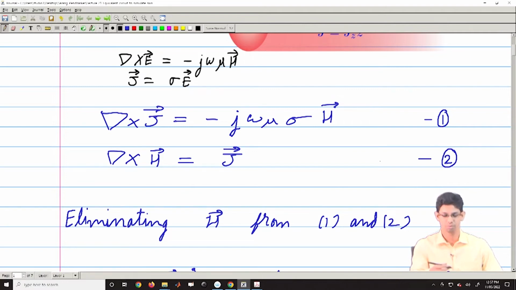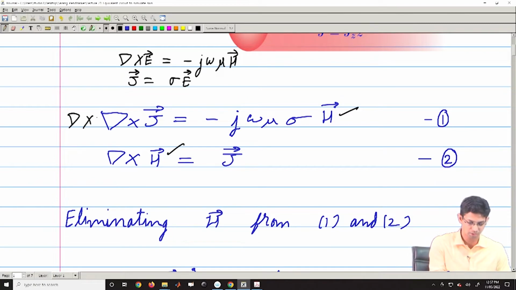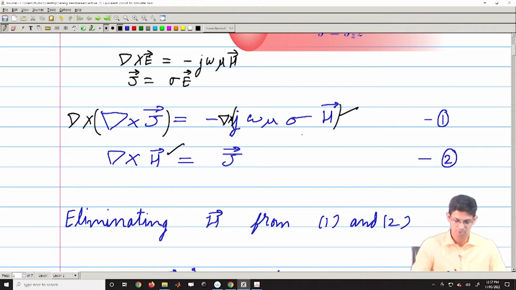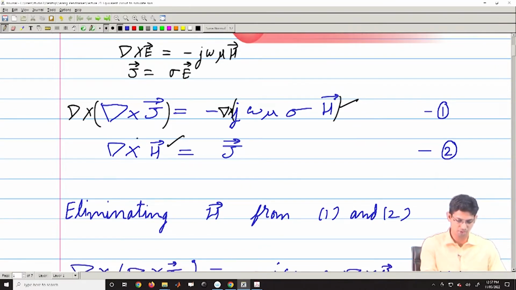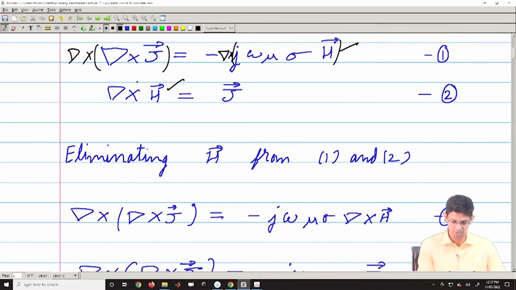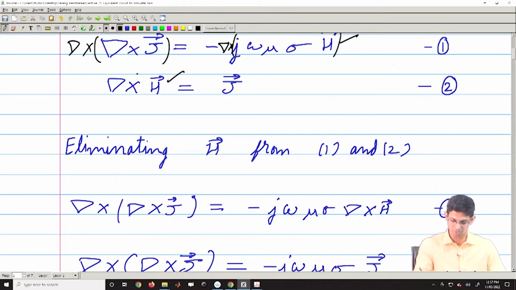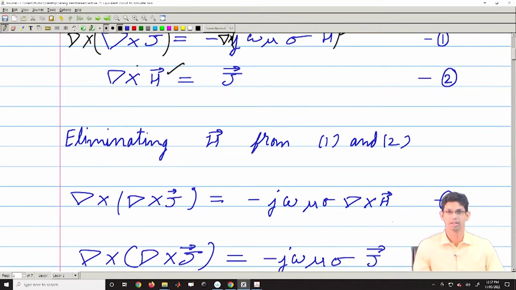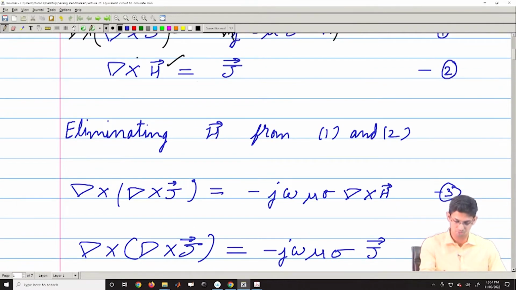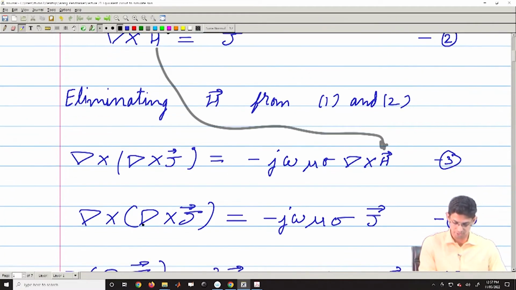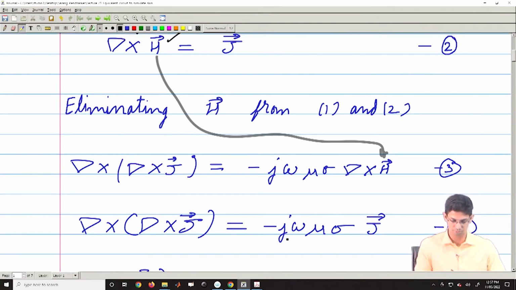Since we are interested in the current profile, we would be eliminating H from both these equations. To do that, we will take a curl on both sides, and then we will substitute this expression from here. So, if I take the curl of equation 1, I will get equation 3, and in this equation 3, substituting from equation 2, I can get an expression finally of this form.